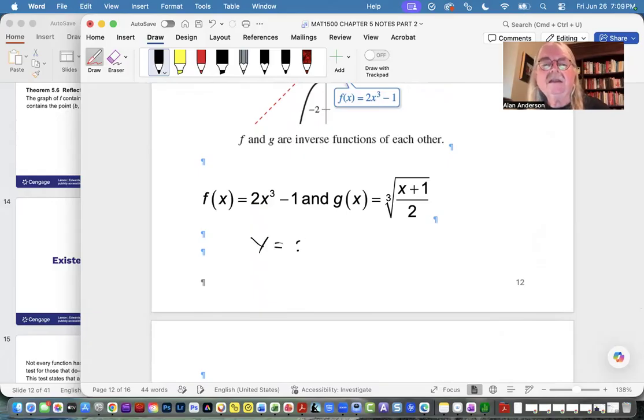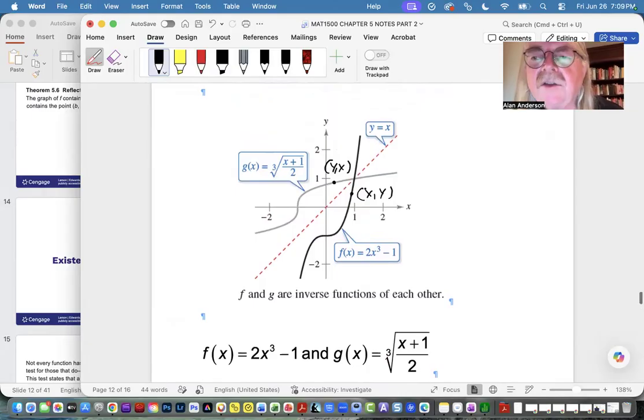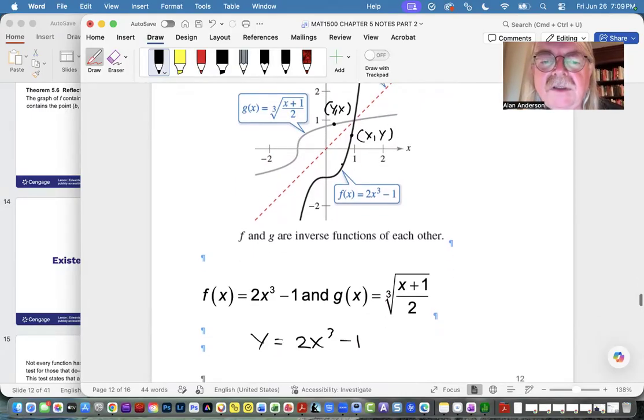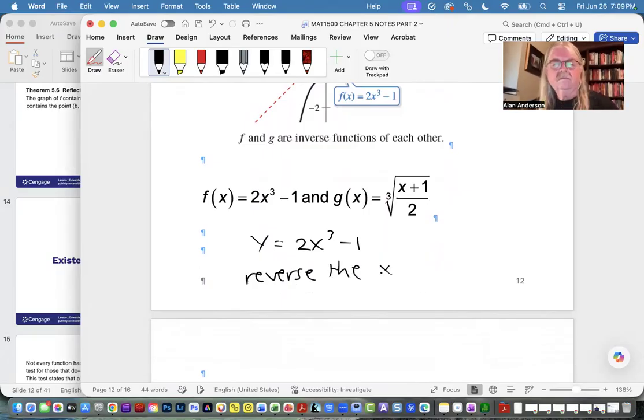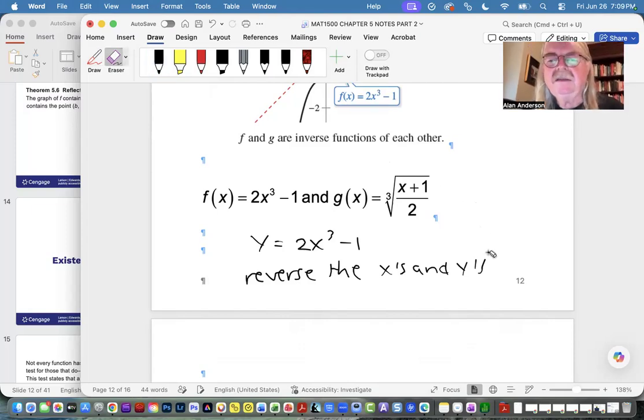So you start by writing it with x and y instead of f of x. Now, if you notice, the (x, y)'s become (y, x)'s on the inverse. So what we're going to do is this. Reverse the two.